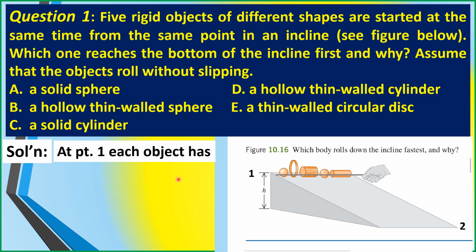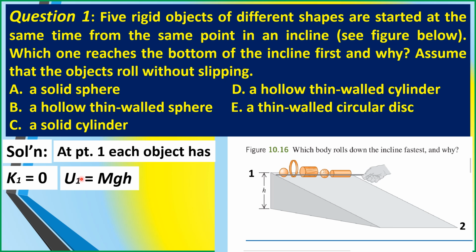at point 1 or at level 1, each object has zero kinetic energy because they started from rest. And each object also has gravitational potential energy denoted by capital U at level 1.